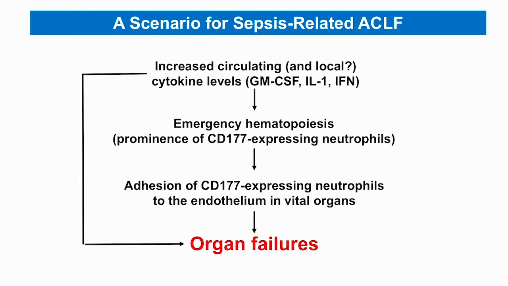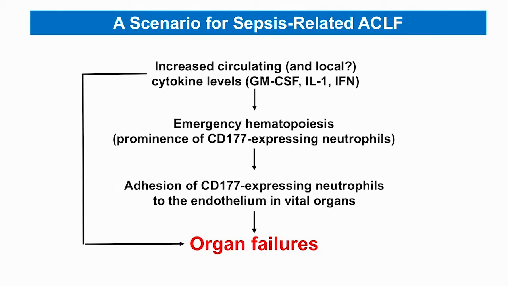And the working scenario is the following one. It's very, very simple. So the master of the game is the overexpression of cytokines, okay? In blood, but maybe in the bone marrow, because there could be a local regulation of hematopoiesis by GM-CSF, interleukin-1 beta, interferon. And these cytokines cause emergency hematopoiesis with prominent CD177 expressing neutrophils.